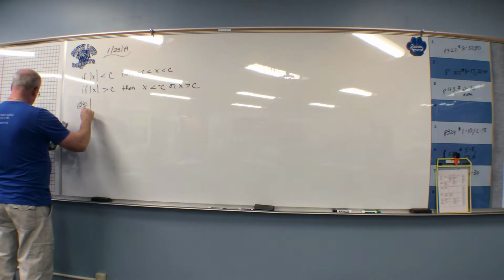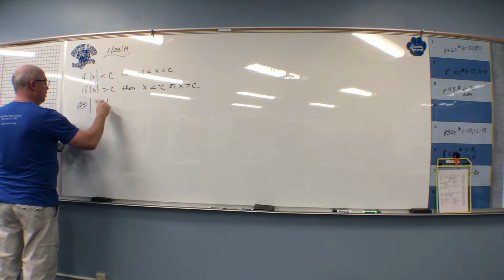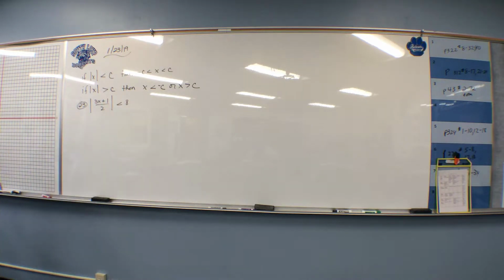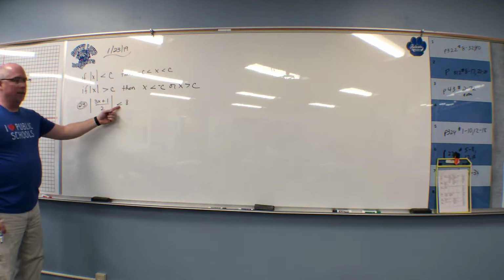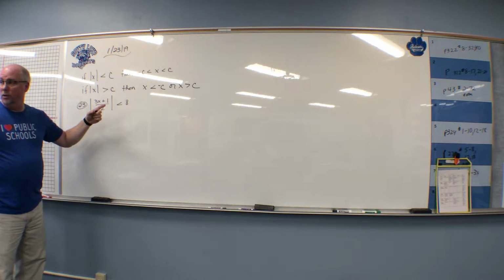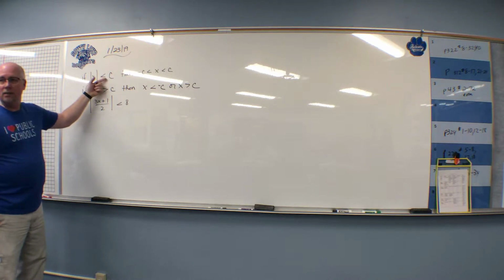It says the absolute value of (3x plus 1) divided by 2 is less than 8. The first thing I notice is this is a less than. If this is a less than or equal to, we use closed dots, but we're going to use open dots on this one.